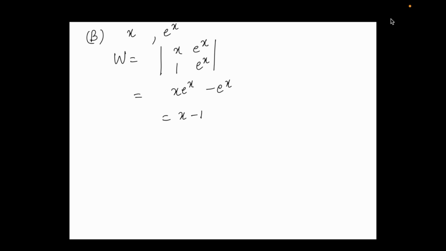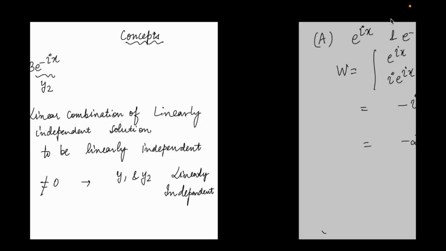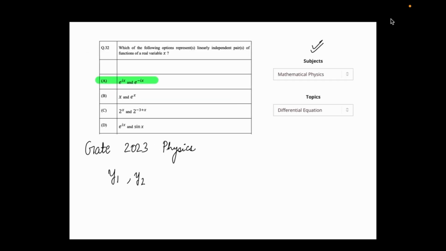This is in general a non-zero quantity, so these are linearly independent. And if you remember, you always find the polynomial solution and the exponential. So these are linearly independent quantities. So B is also correct.